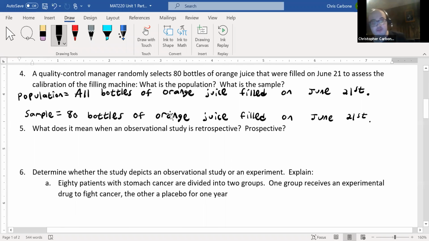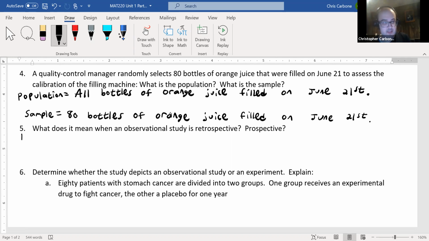For question number 5, we want to know what it means when an observational study is retrospective and also prospective. Do note these would be different questions, but I kind of combine them here. So retrospective. This is where we would recall information or use existing records.